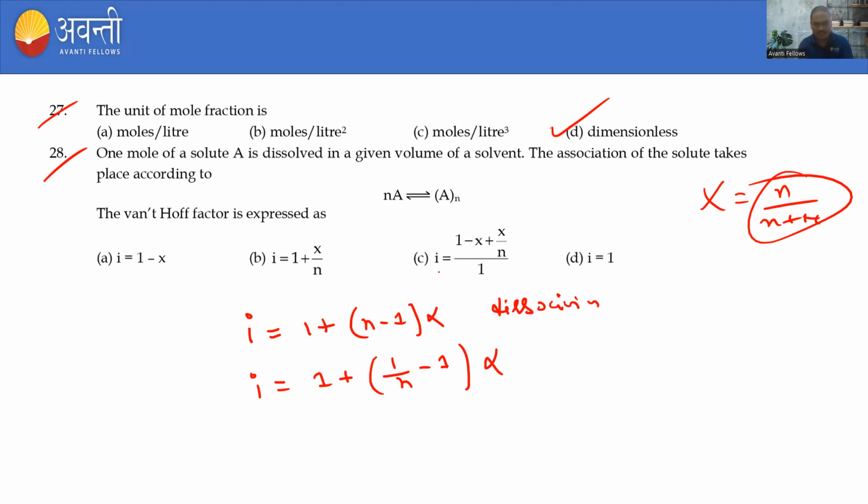So we can also write i is equal to 1 minus x upon n plus 1. This is how we can write this thing. Clear? Done? So this is how you are able to write such a thing. Okay. So the correct option is C.